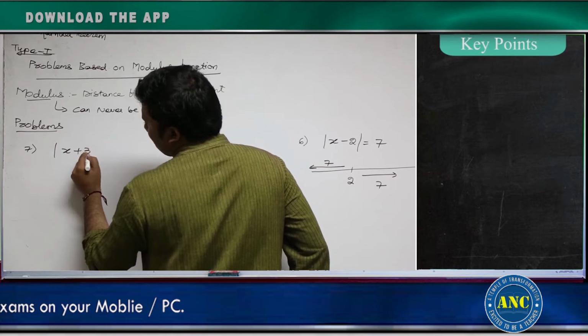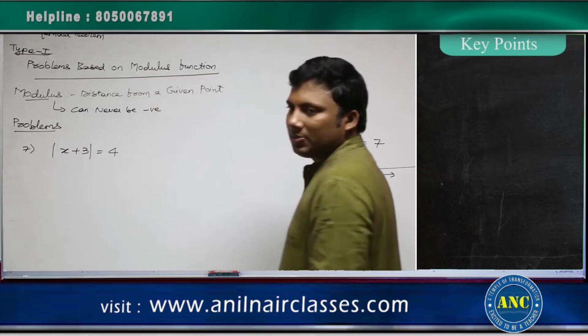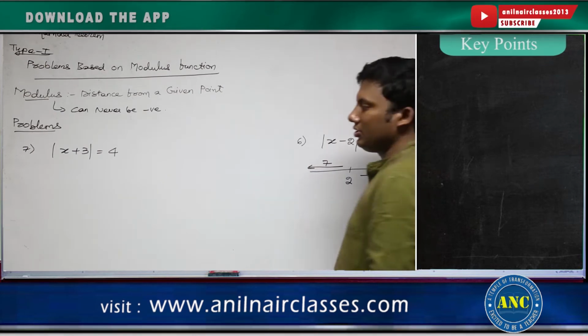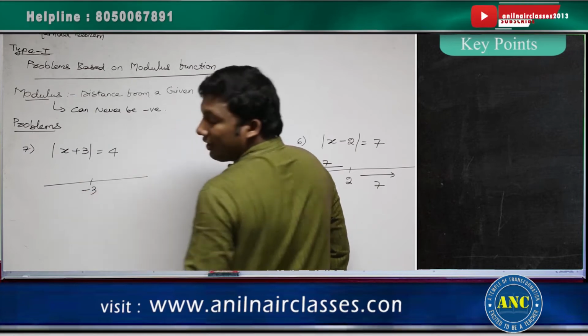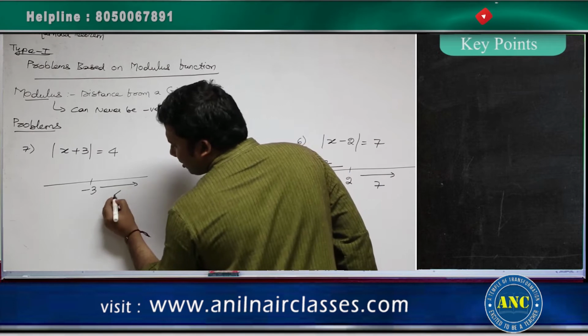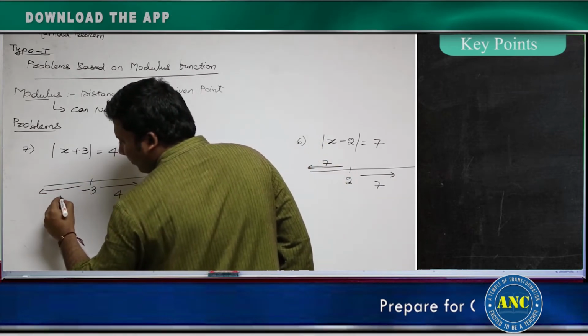Mod x plus 3 equivalent to 4. That means x is there at point minus 3. If x is there at point minus 3, it travels 4 units forward or it travels 4 units backward.